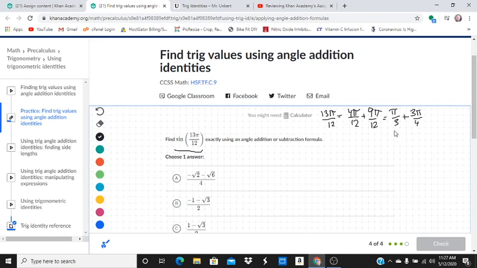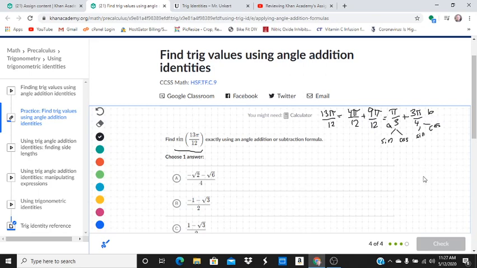Okay, so we want to find both sine and cosine of this, and the sine and cosine of this. We can consider this one to be A, this one to be B.